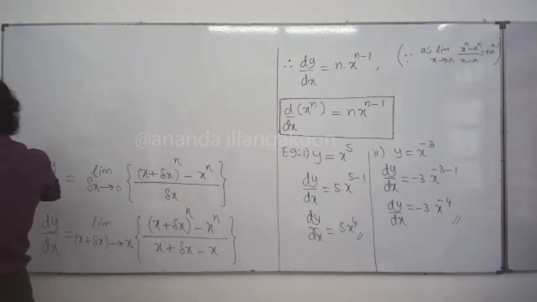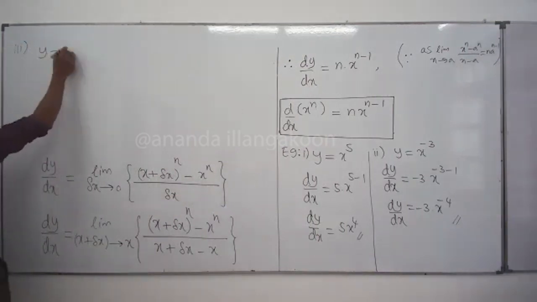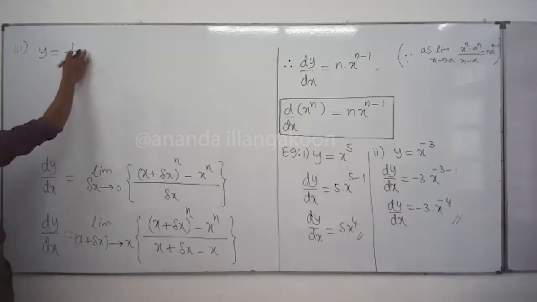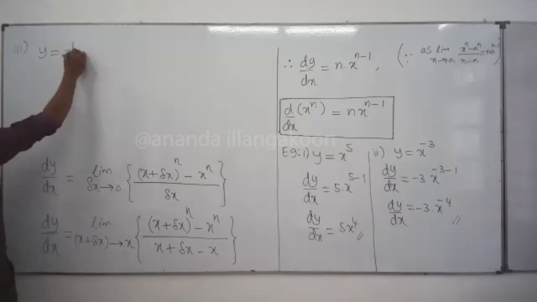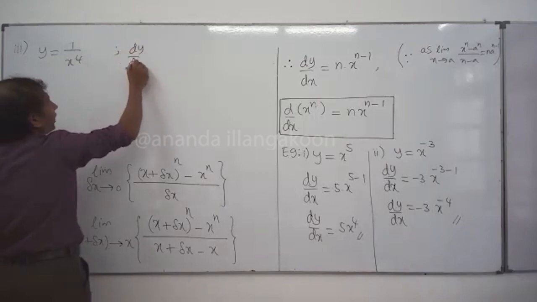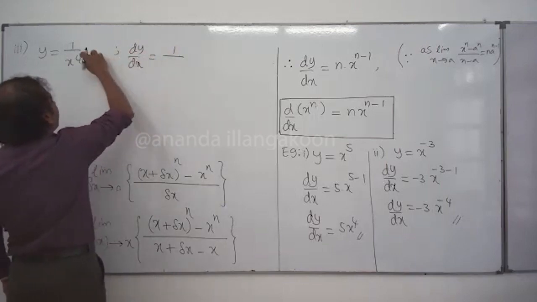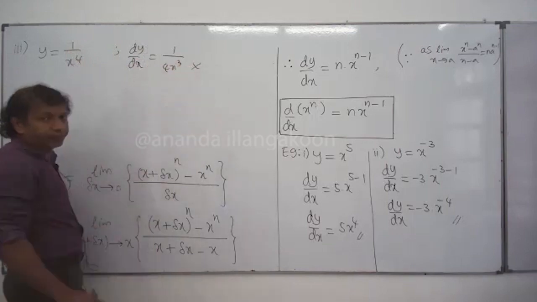Suppose, people, like this. Third example, y equals 1 upon x to the power 4. Here you can't write the derivative of this, dy by dx, by applying that result directly. You can't write it like this. This is completely wrong.